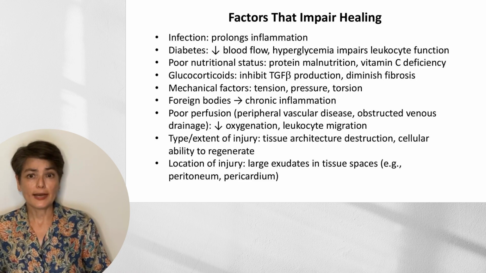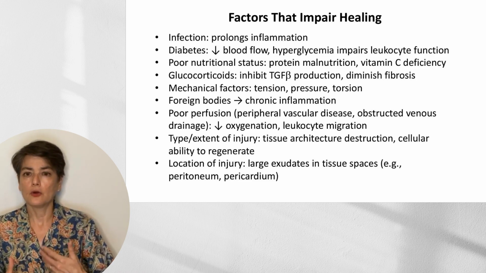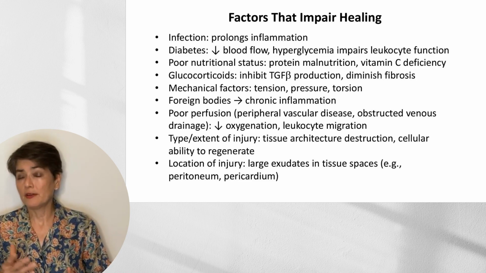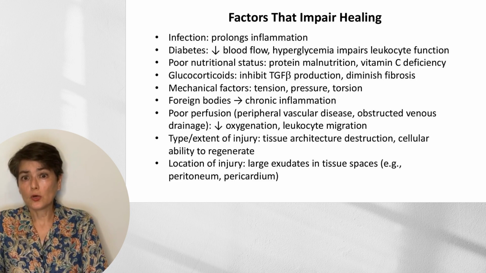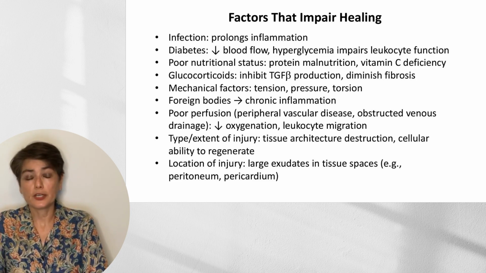Poor nutritional status is going to impair healing, so protein malnutrition, and then vitamin C deficiency because it's necessary for forming the collagen cross-linking. Glucocorticoids will inhibit TGF-beta production and thereby diminish fibrosis, contributing to weakness of the wound repair.